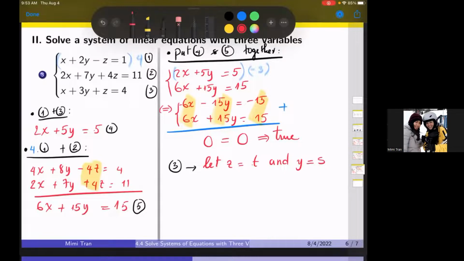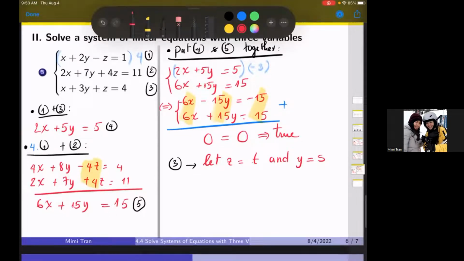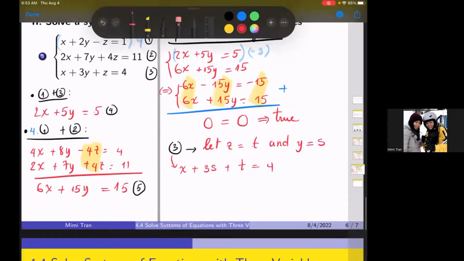These are your parameters t and s. Now, if you plug t and s into equation 3, what happened to x? x equal what? So x plus 3, instead of y, is going to be 3s, all right? Plus z is t equal 4.